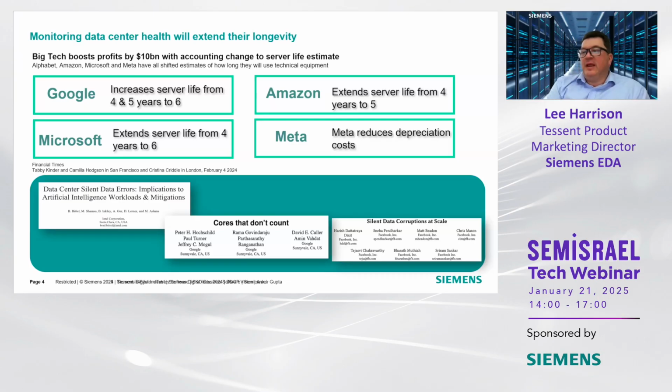So for example, if we can extend the life of a data center server from 4 to 5 years to 6 years, we can massively improve both the environmental aspect of having these large data centers, but also help with the overall life expectancy of them, making sure that these data centers are working efficiently for longer. So overall, really optimizing the use of the silicon that's out there.